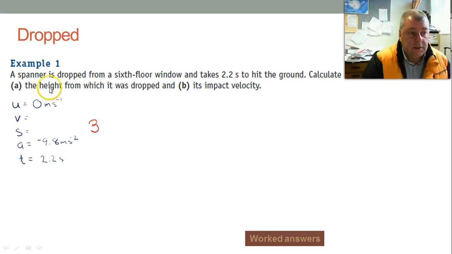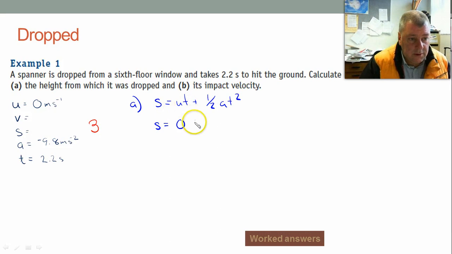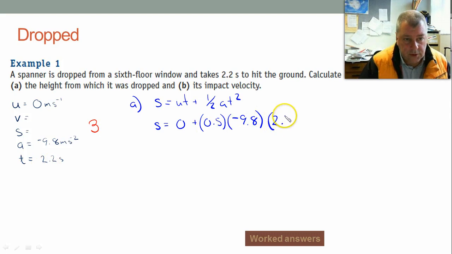We want to find the height. What we need to do is for part A, knowing that we've got our 3 things, we want to find s. So the equation we're going to use is s equals ut plus half at squared. s equals 0, because u is 0, plus 0.5, just easier to put in your calculator if you do that, times a, which is minus 9.8, and t is 2.2.